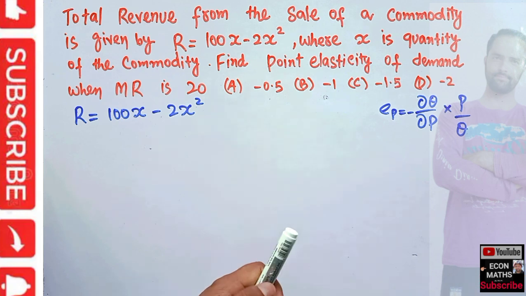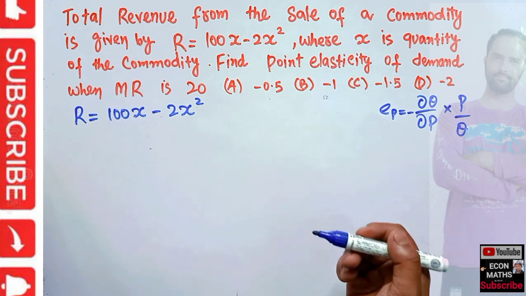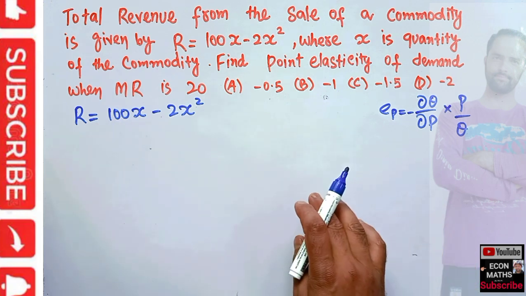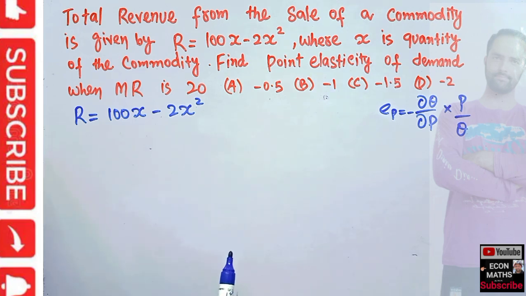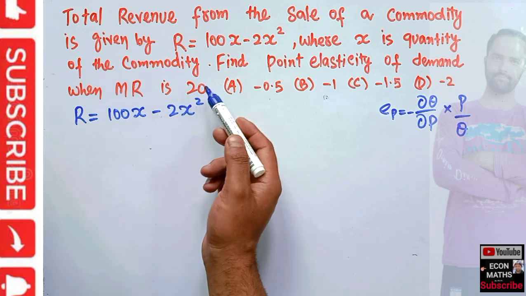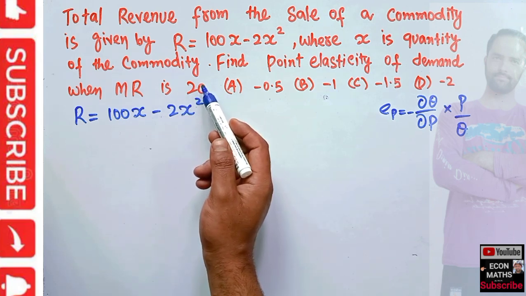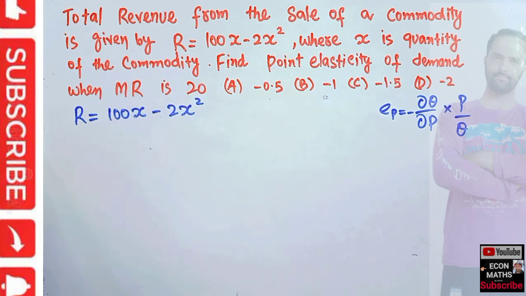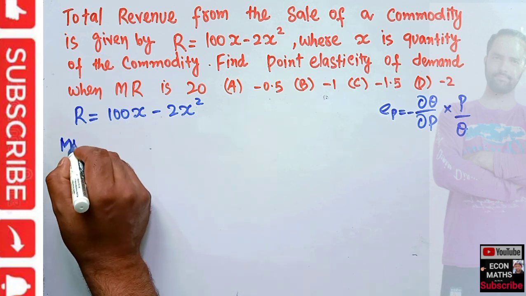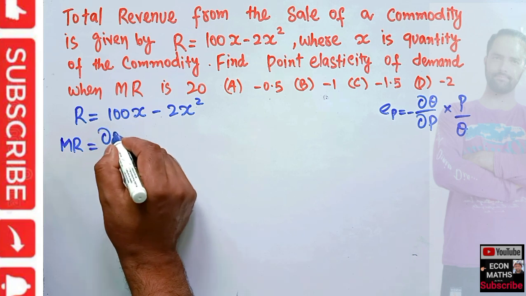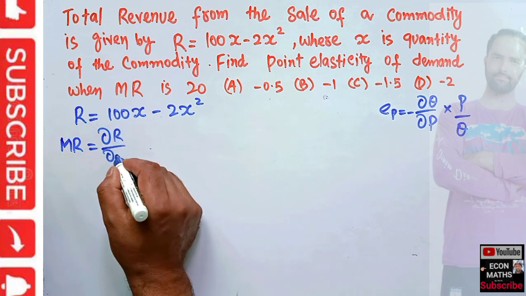We are given the revenue function, so first we need to find the inverse demand function. Also, we are told that marginal revenue is equal to 20. So let us first find marginal revenue. Marginal revenue is simply the derivative of the total revenue function with respect to output.